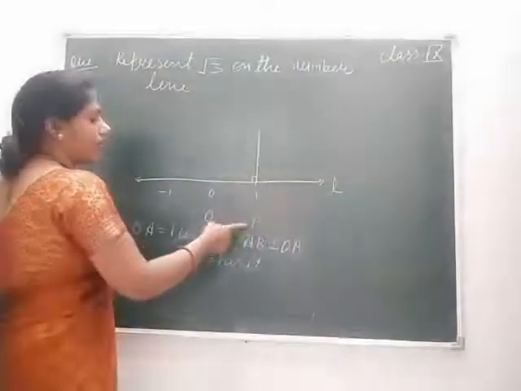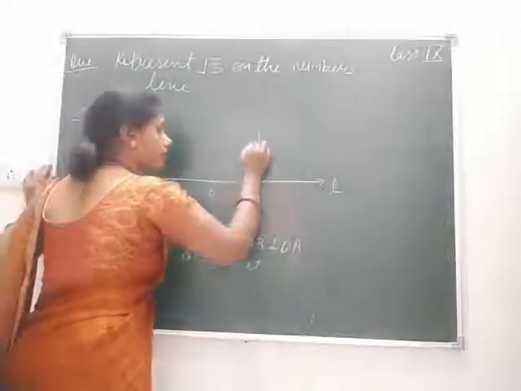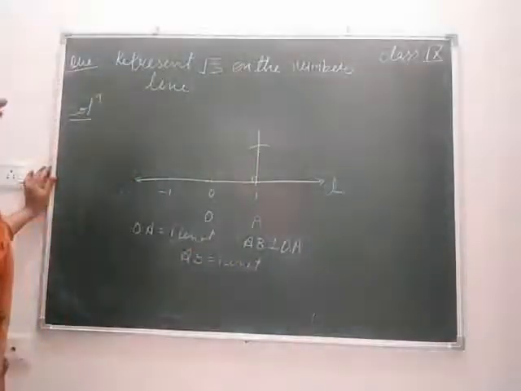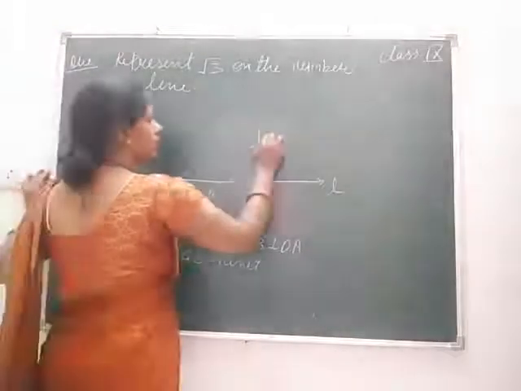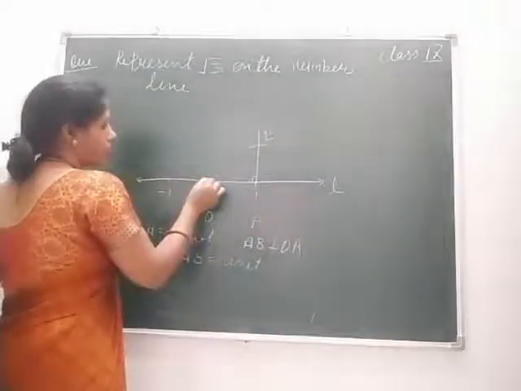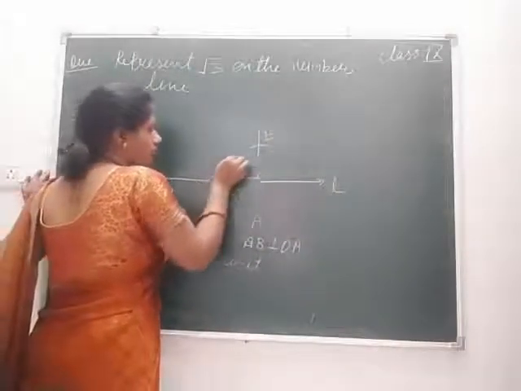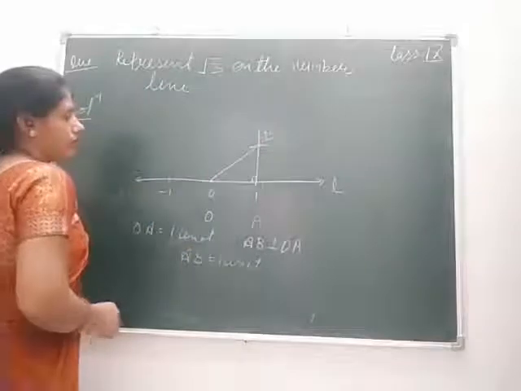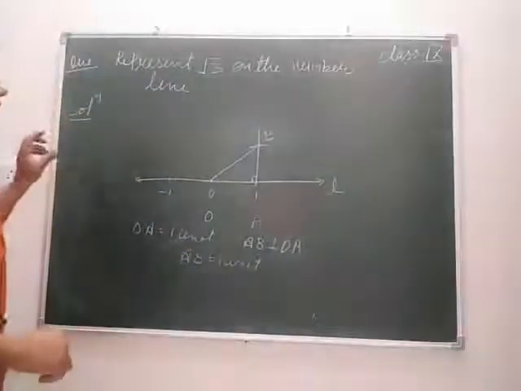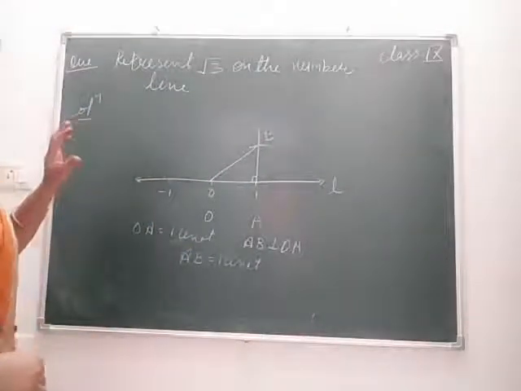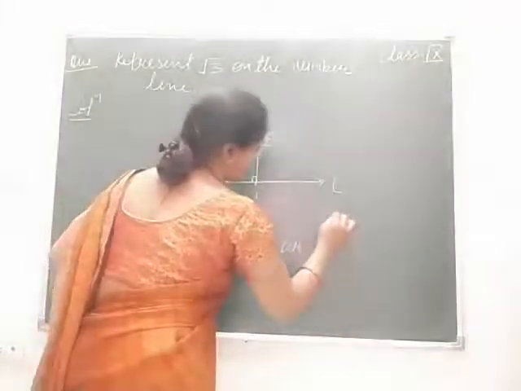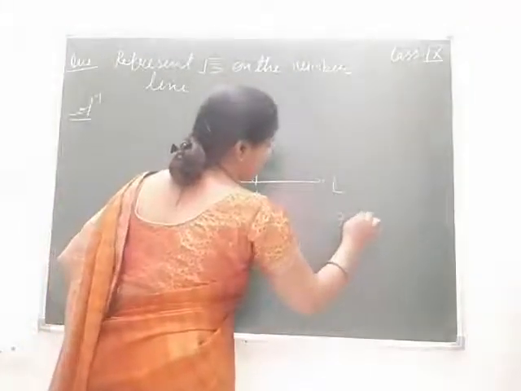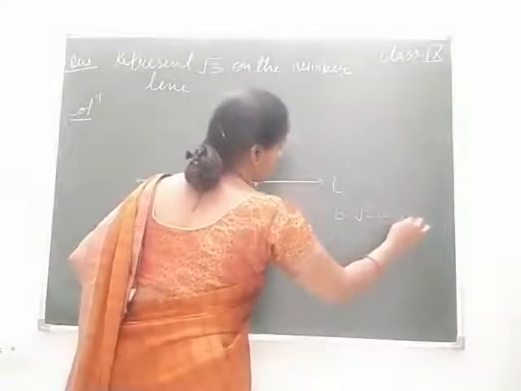We cut an arc at point A, 1 unit. Indicate the point of B. Join to OB. And AOB is the right angle triangle and OB is the indicate of the root 2. OB is the indicate of the root 2 unit.